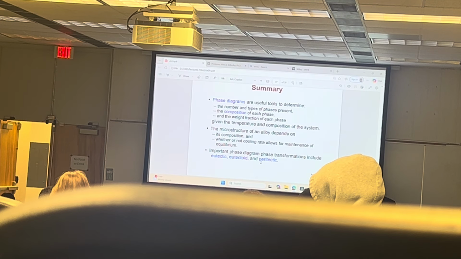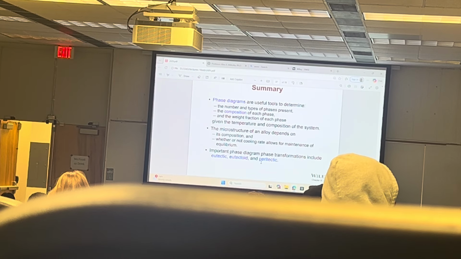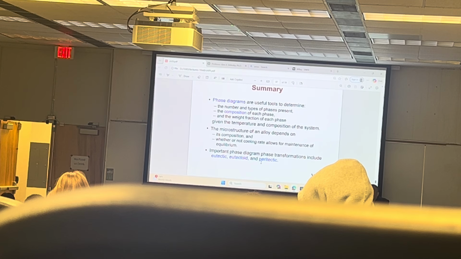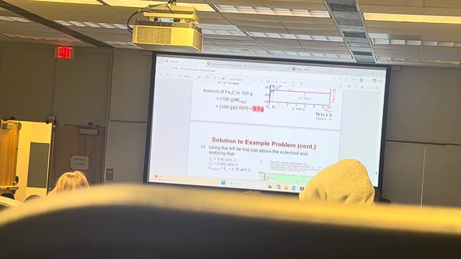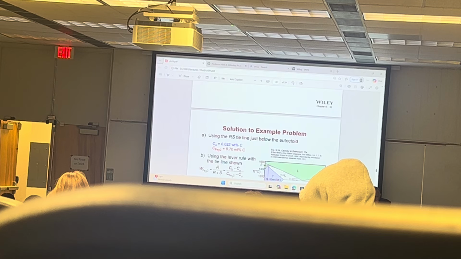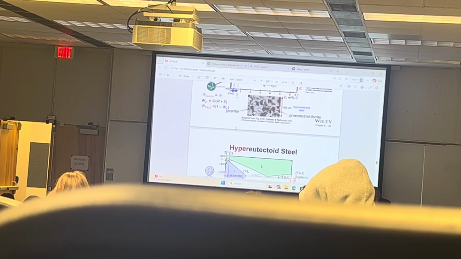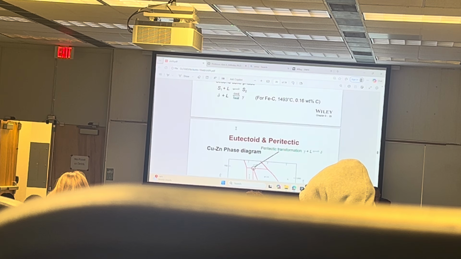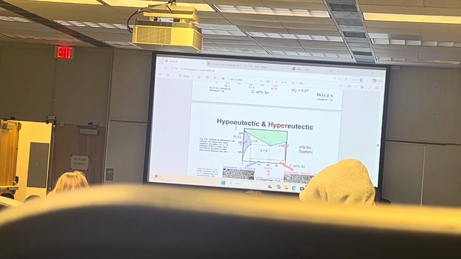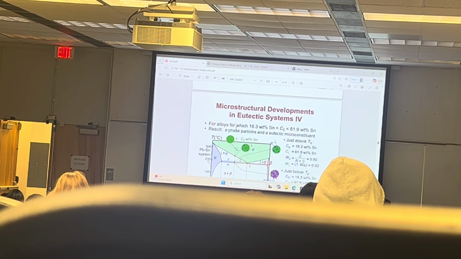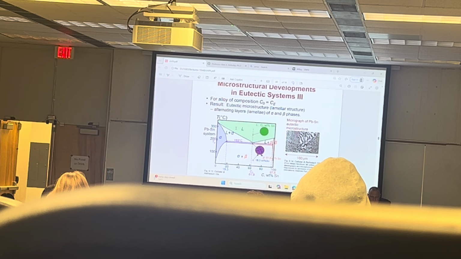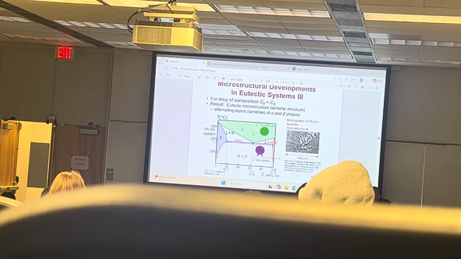I can tell you the most important thing: figuring out what you are being asked to do. All those percentages, what do they mean? The percentage composition of the phase is determined in weight percent. This is in weight percent.